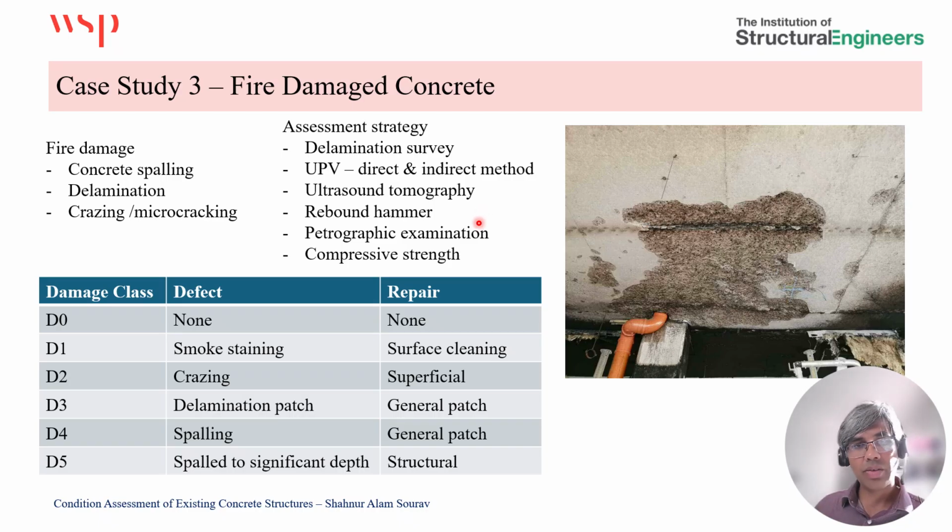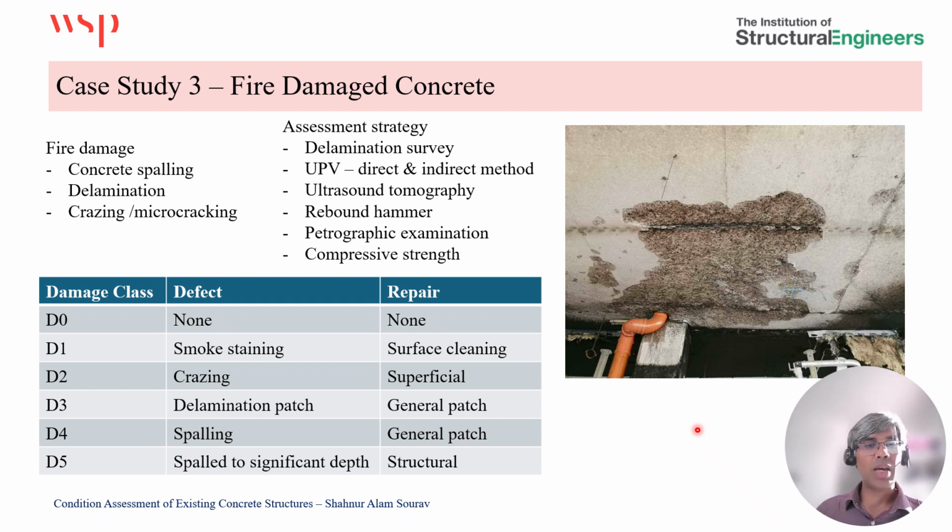We conducted a rebound hammer survey to determine if the quality varies in the concrete as a result of the fire damage. We took concrete cores for petrographic examination, and we took a few cores to ensure that the concrete strength has not been affected by the fire.